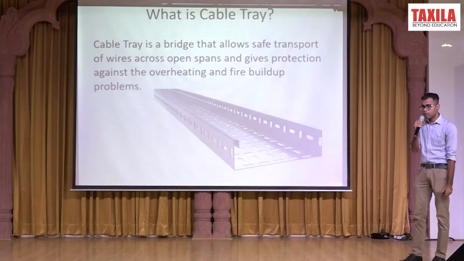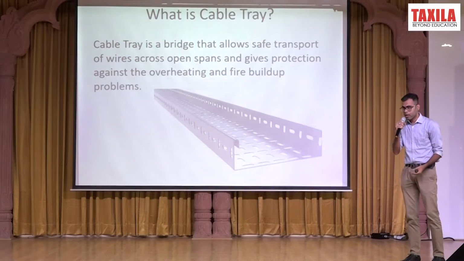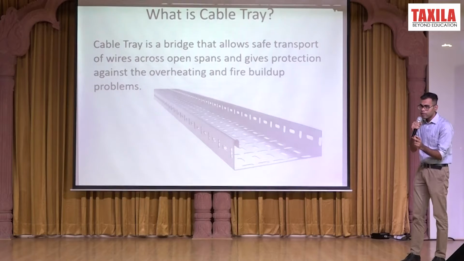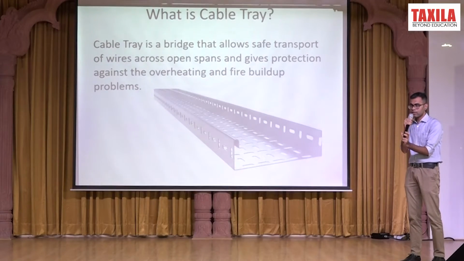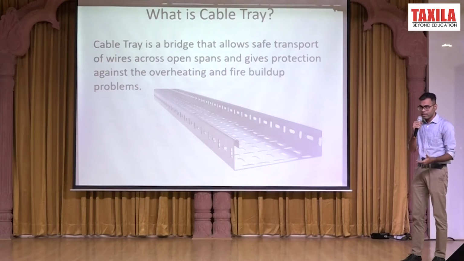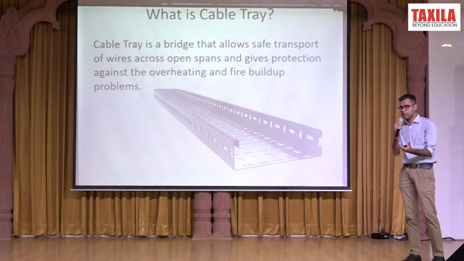Before talking about my work there, let me tell you a little bit about the cable tray. As you can see in the name, cable tray is a tray, basically a tray-like structure. And what do we use a tray-like structure for?